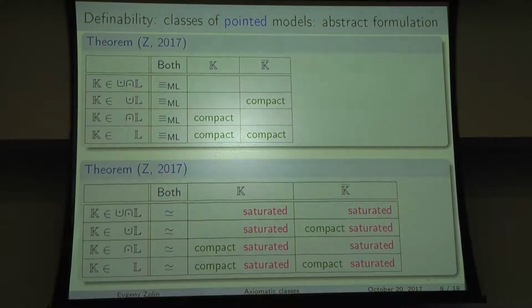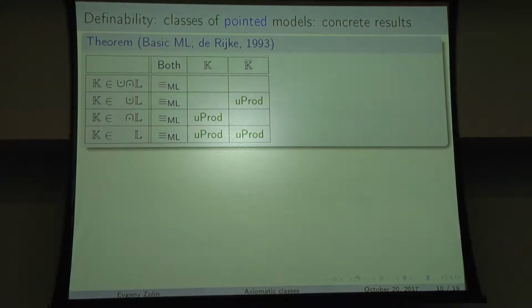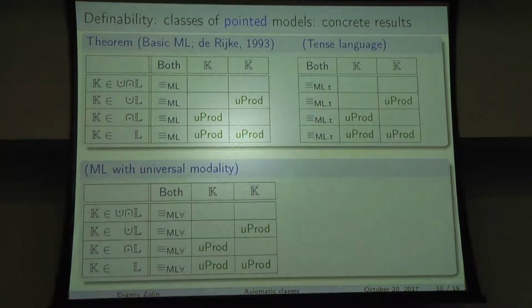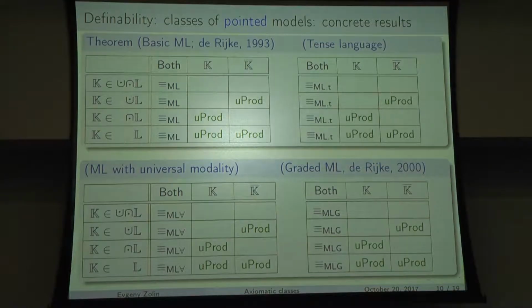So this is a general result, and it is applicable to a wide range of modal languages, in fact, not only to the basic modal language with one box. And therefore, we can obtain as a consequence many known definability criteria for the basic modal language, for tense language, the modal language with the universal modality, graded modal language.